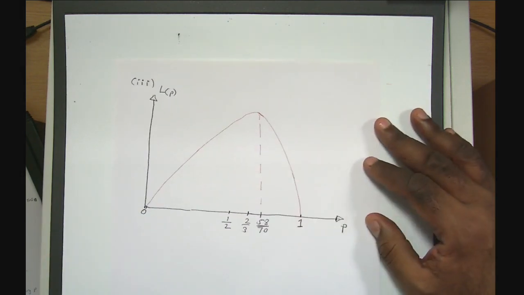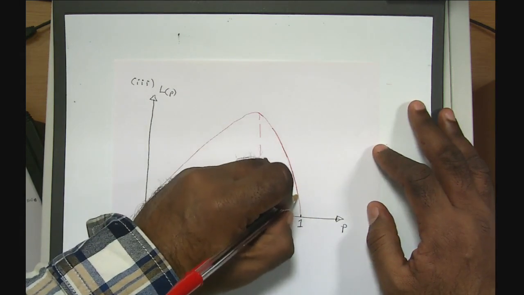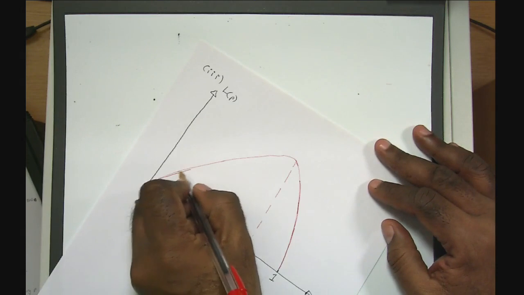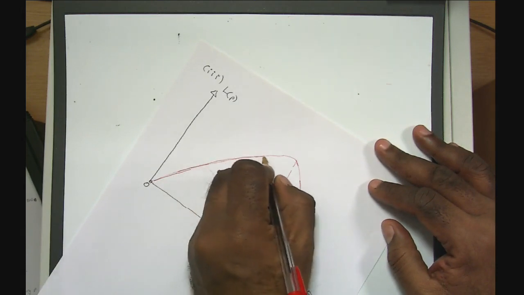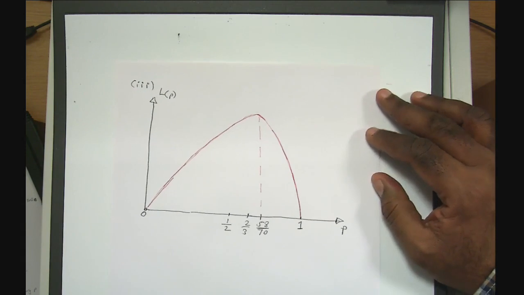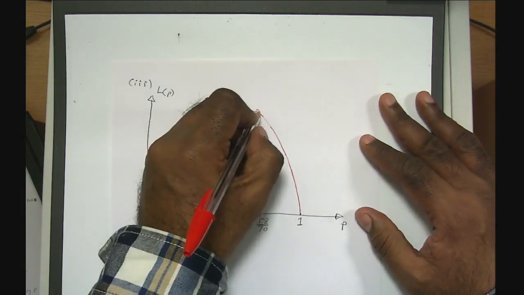Can you see, is it too light? It will look something like this. The graph will look like this, and this is the largest point.